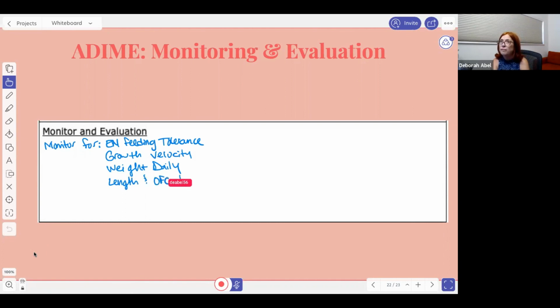Are they growing proportionate? So is that 23 grams per kilogram and the length growing at the same rate? And that would be very different in nutrition. And then any biochemical markers and any electrolytes, iron, protein, and bone status. And then basically any laboratory monitoring every week or every other week is sufficient.